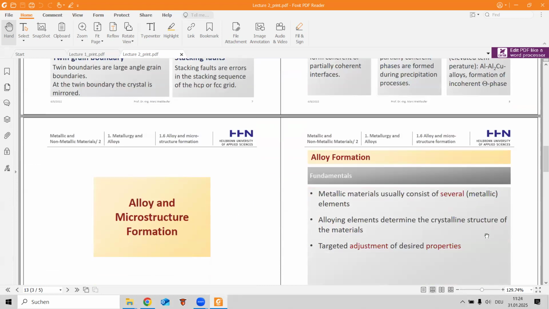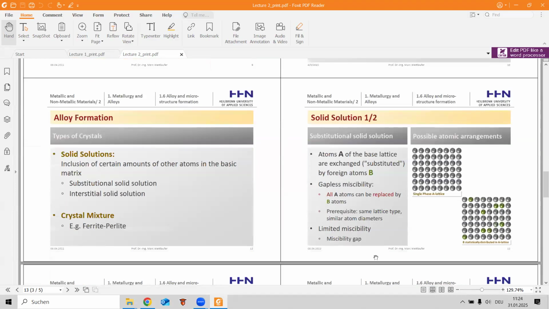And structure formation. Alloy formation: metallic materials usually consist of several metallic elements. Alloying elements determine the crystalline structure of the material and allow targeted adjustment of its properties. For alloy formation, there are two types of crystals: solid solution and crystal mixture.